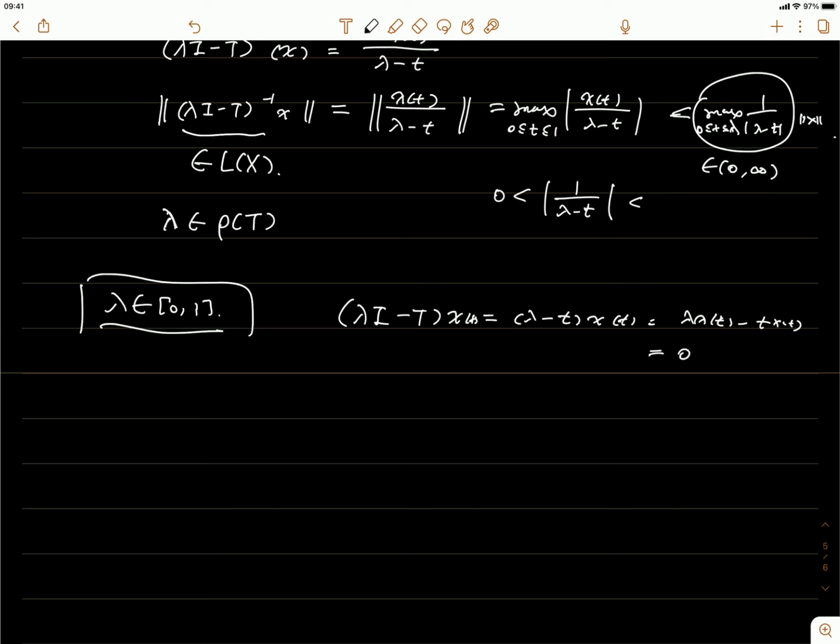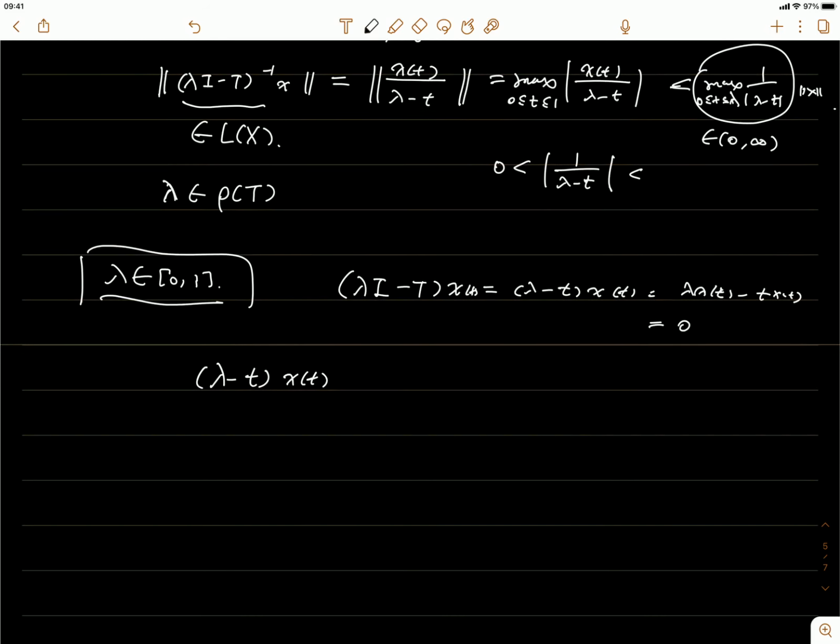Well, if this is equal to 0, that means (λ − t) times x(t) must be 0, so x(t) must be 0, because λ minus t is non-zero everywhere except at λ. So this is 0, this is 1, this is λ.